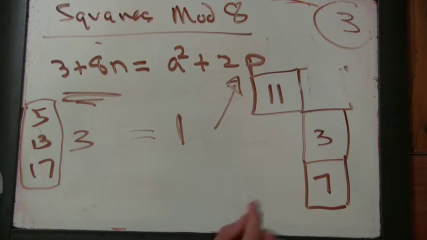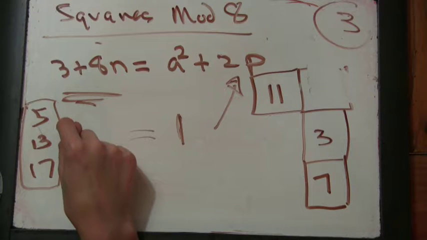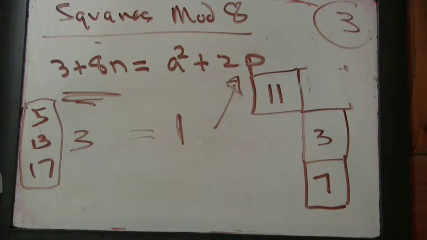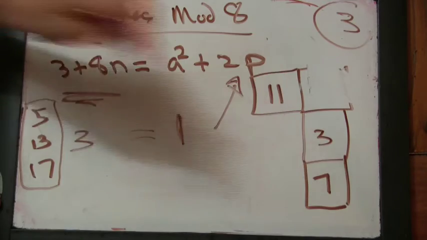Cool. Let's see, I guess they could be going up by 4 every time. I mean, 3 to 7 to 11. 5 would go to 9, but 9's not prime. Okay, so 13, that's 17. So it might have to do with the mods, mod 8 again. These ones look like they're always going to be 3 or 7 mod 8.